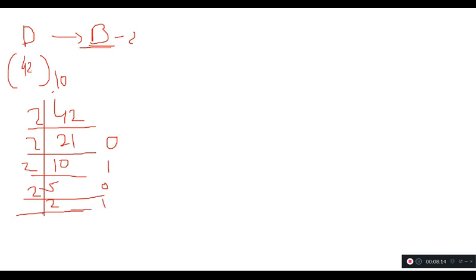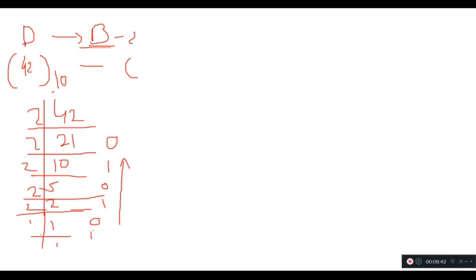And now 2: 2 1s are 2, so the remainder is 0. You read these remainders from bottom to top. Finally, 1: 1 1 is 1, so this is 1.